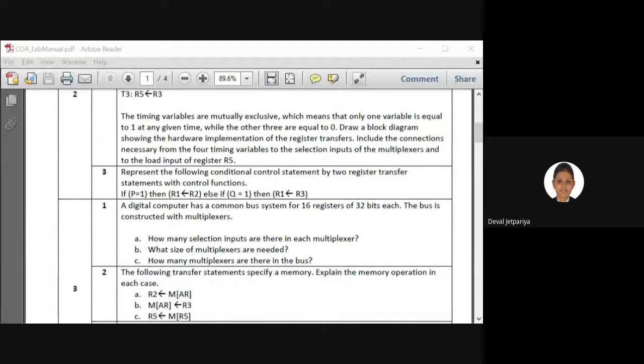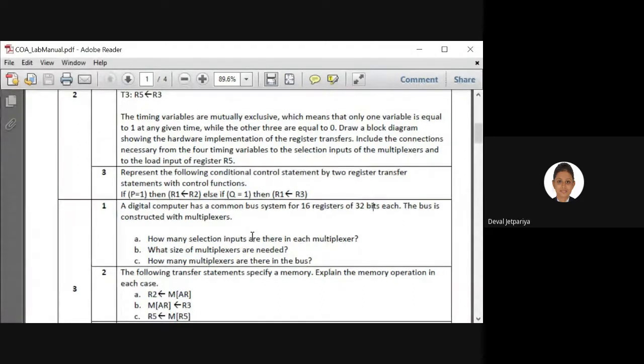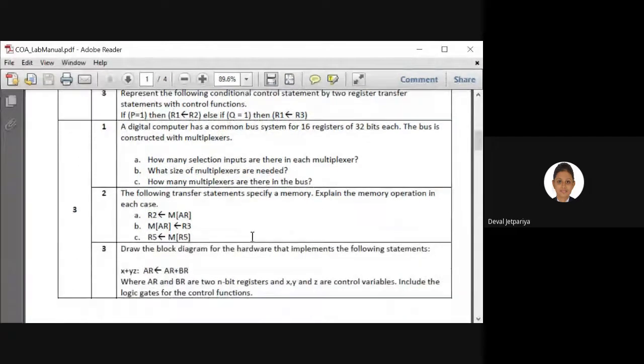Yes, on the bus there are 32 multiplexers. Correct. But why 32? Because each bit is connected with one register. So in total we need 32 multiplexers for the connection.